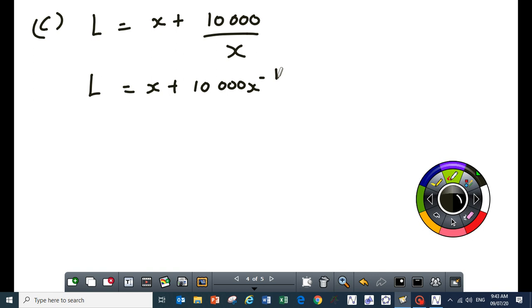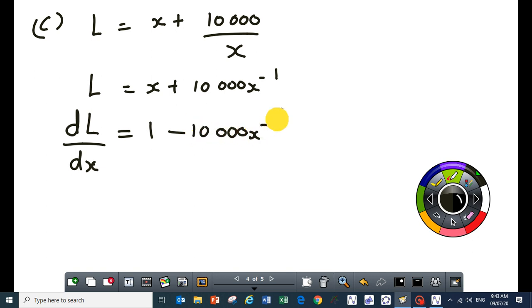The calculus now comes when I say dL over dX. This is where the calculus comes in. Everything else before that was not calculus, so you should be able to get it right. So this will give you 1, and that one there will give you minus 10,000 X to the power of minus 2.